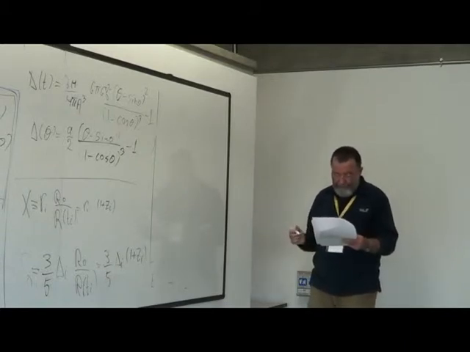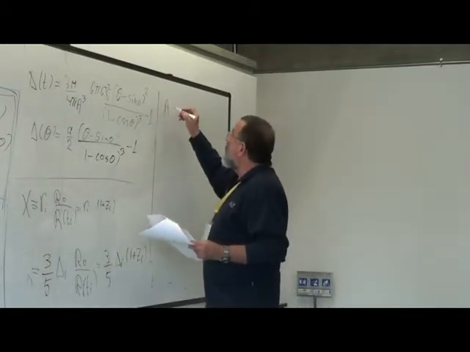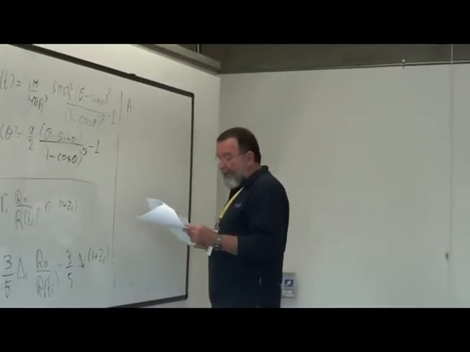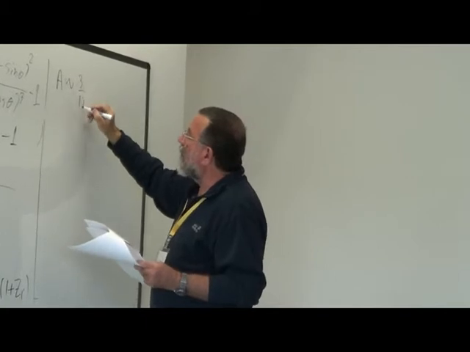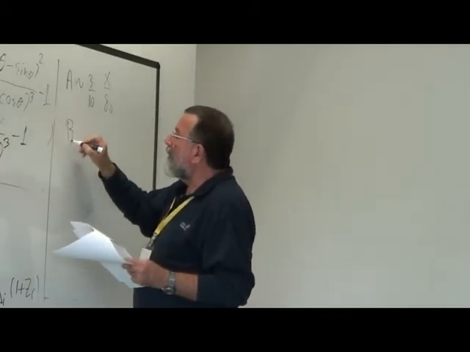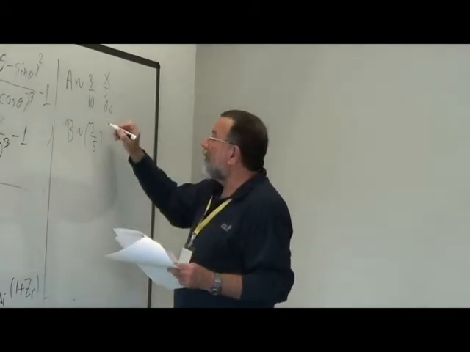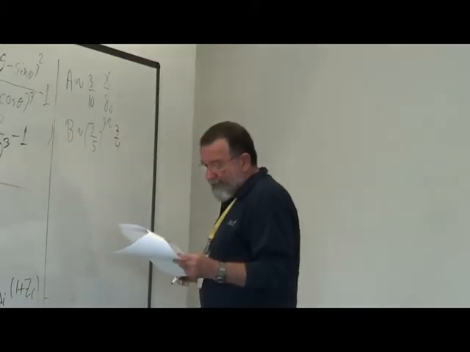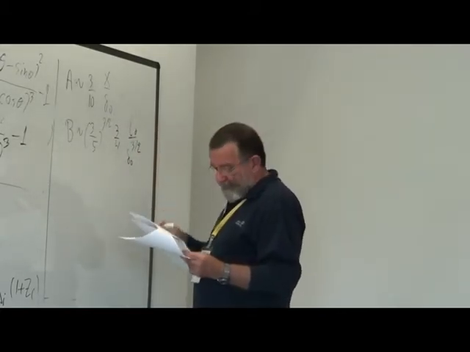So what I'm getting at the end, taking into account that the delta i are small, is that A equals roughly 3/10 times x over delta naught, and B equals 3/5 to the power of 3/2 times 3/4 times t naught divided by delta naught to the power of 3/2.